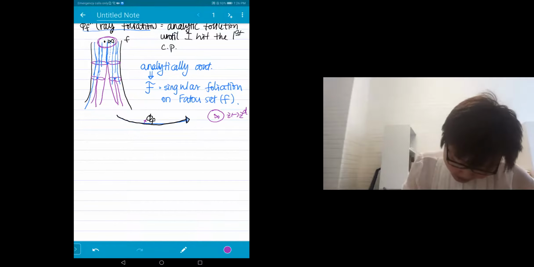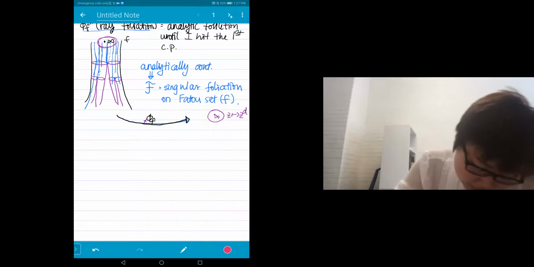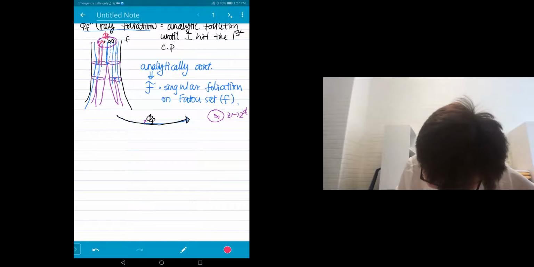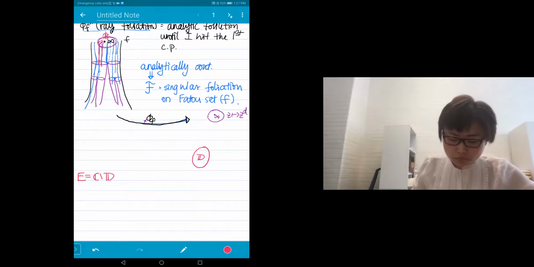So how should I do this? Let me change the color. Again, this is basically where this map is originally defined. And I just follow these leaves, right? So on this side, this is the unit disk, and I can think of E as the complement of the open unit disk, right?